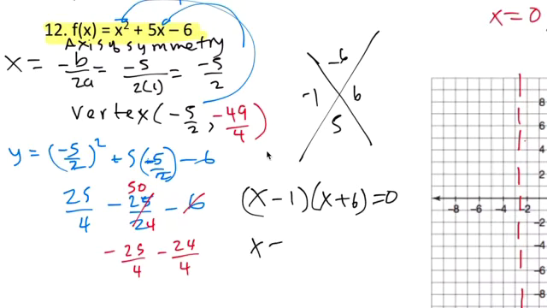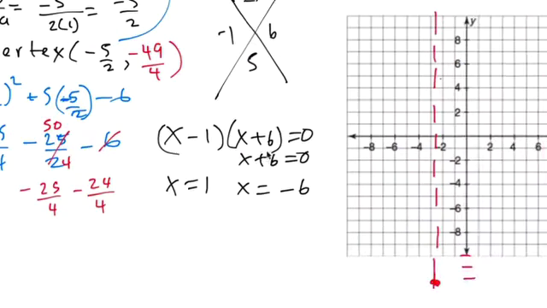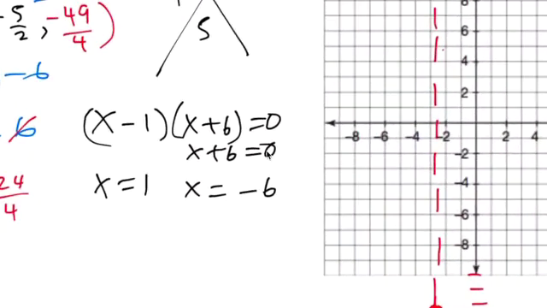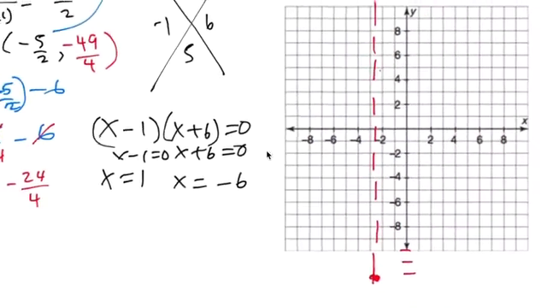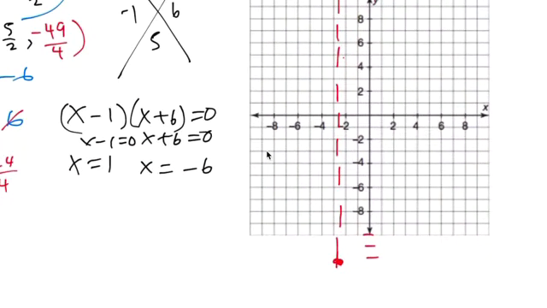So x equals 1, and x plus 6, x equals negative 6. X is 1 and negative 6.